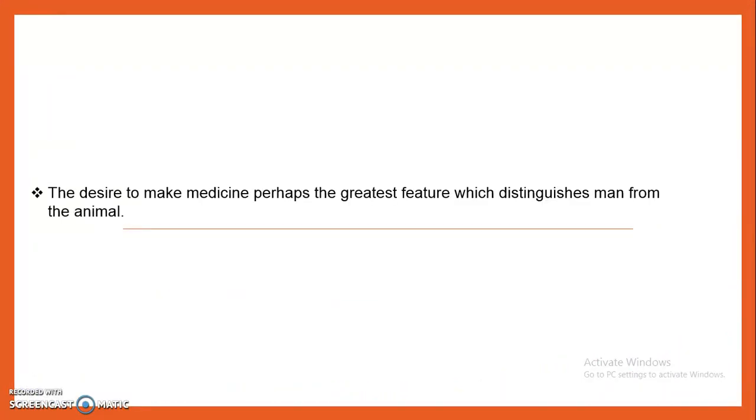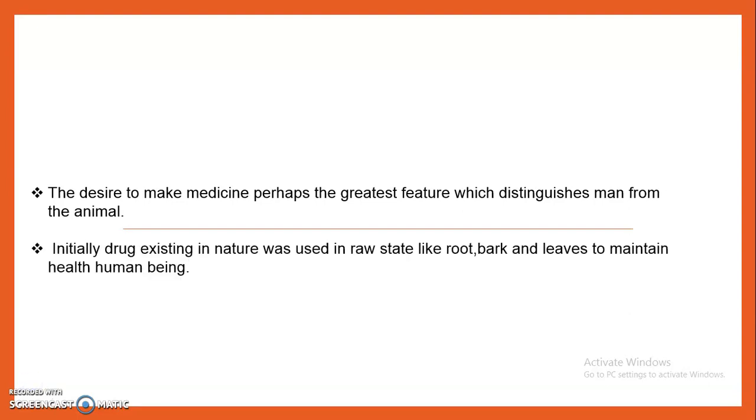Before starting experiment number 1, we have to understand some concepts associated with the pharmaceutics laboratory. The desire to make medicine is perhaps the greatest feature which distinguishes man from the animal.